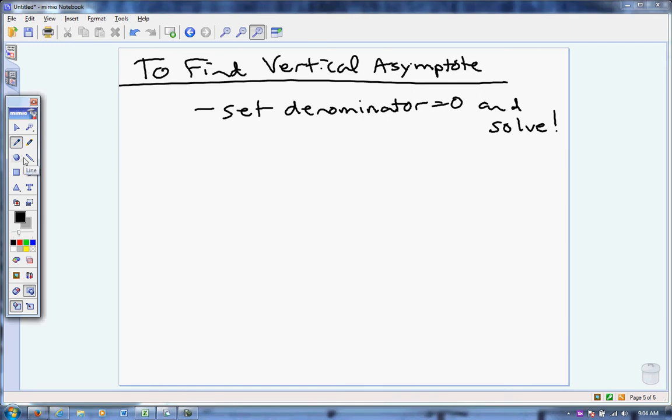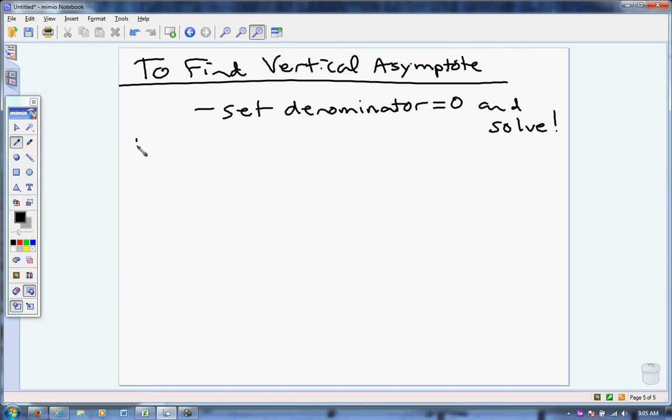Set the denominator equal to 0 and solve. If there is a place where the denominator is equal to 0, at that x-coordinate there will be a vertical asymptote. That's pretty easy. And we've actually done that a little bit before when we've looked for domain.